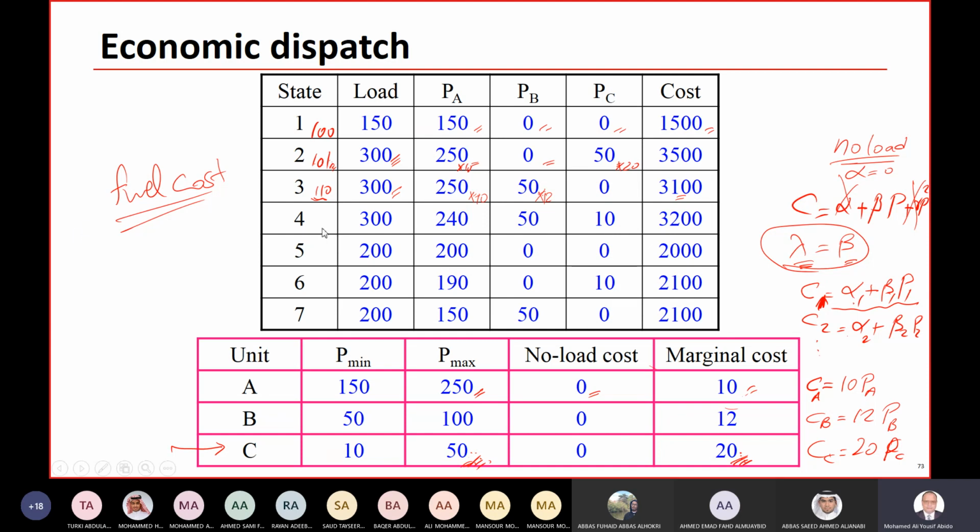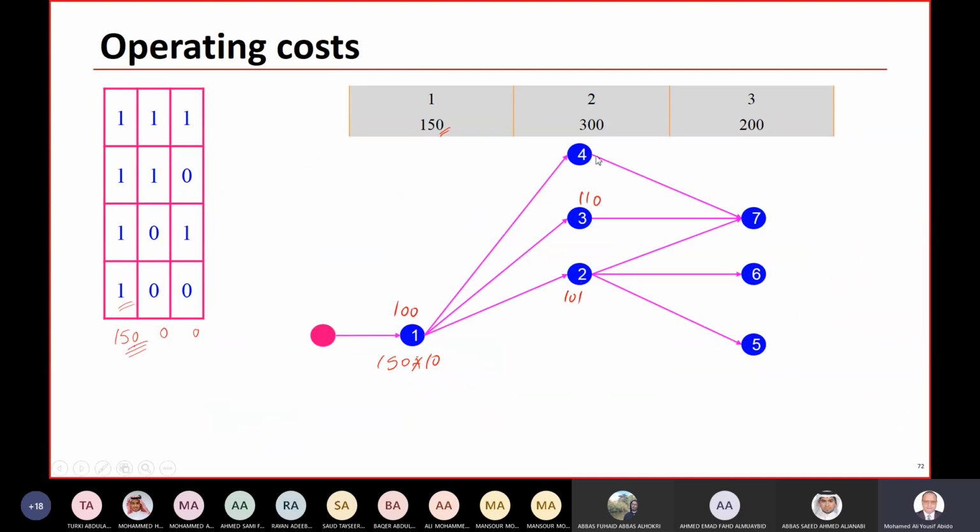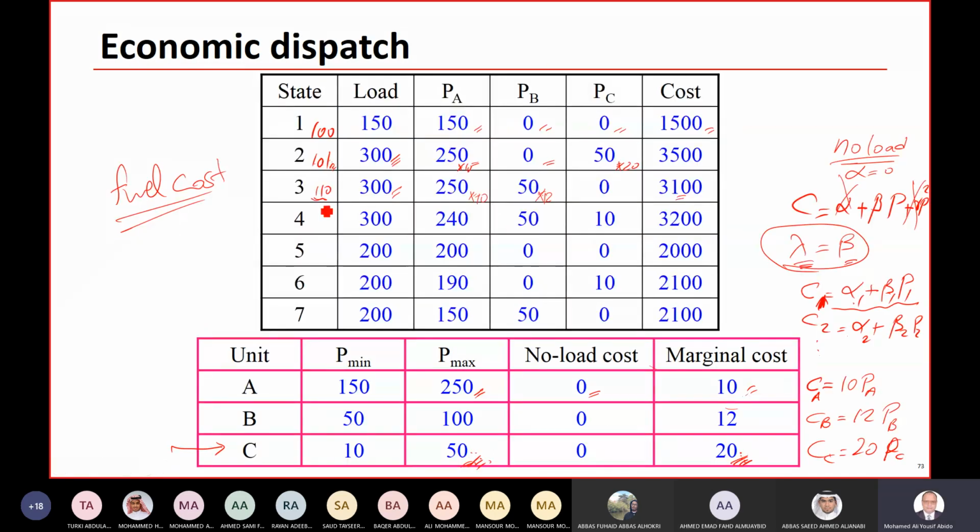For state number 4, okay, let us go to state number 4. State number 4 is 111. All are on. So for this state 111, and you have 300 load, you have to load this first. So this is the minimum cost. So you will put it 200 at the beginning. And at the beginning you will say, I will consider this 250, and I will distribute the others.